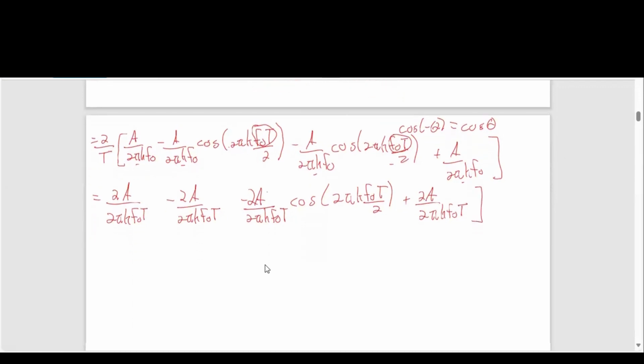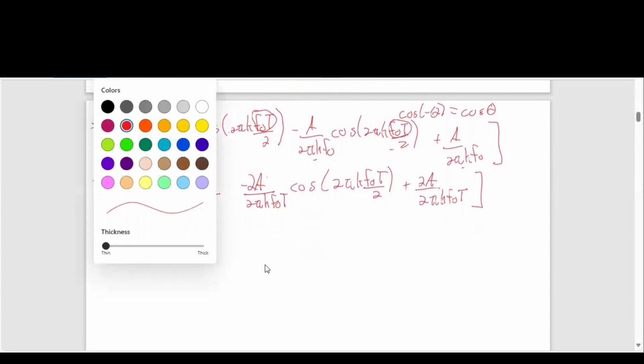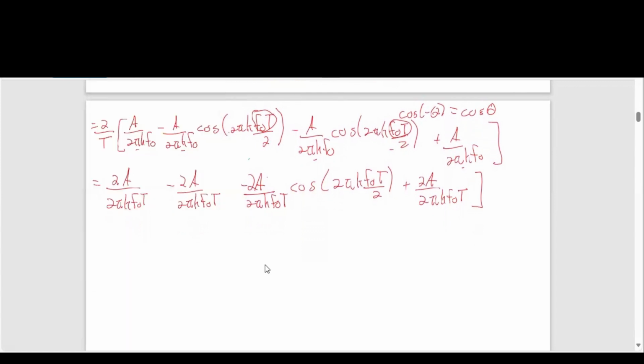Right, so obviously we see any f naught t's and the twos that could cancel. So we know the twos could cancel. This will cancel with this, and this will cancel with this. And we know all the f naught t's will give me 1. So all this will boil down to a on pi k minus a on pi k.